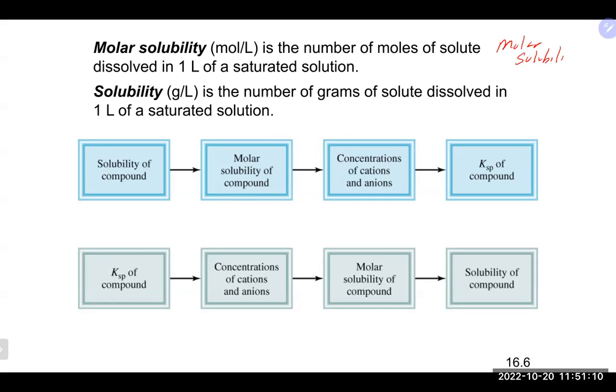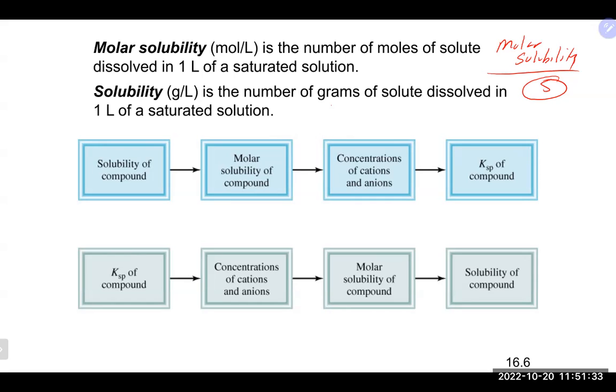When we do tables and stuff like that, it is oftentimes represented by the letter S. So if you see S, S typically stands for molar solubility. The other is just regular solubility, in grams per liter. That's how many grams are dissolved in 1 liter of solution.